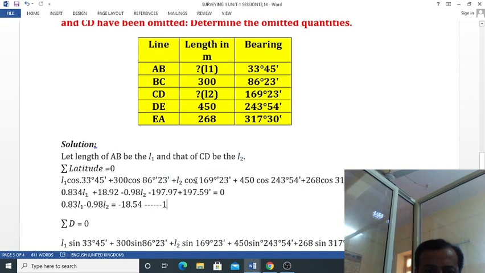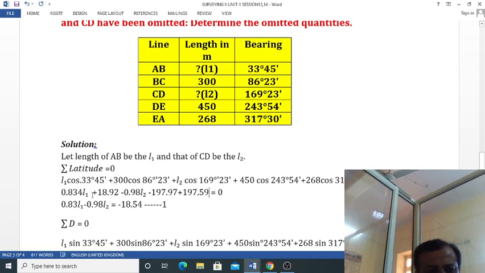Then L2 into cos 169 degrees 23 minutes is minus 0.98 L2, and 450 cos 243 degrees 54 minutes is minus 197.97. Plus 268 into cos 317 degrees 30 minutes is 159.59. This should be equal to 0.